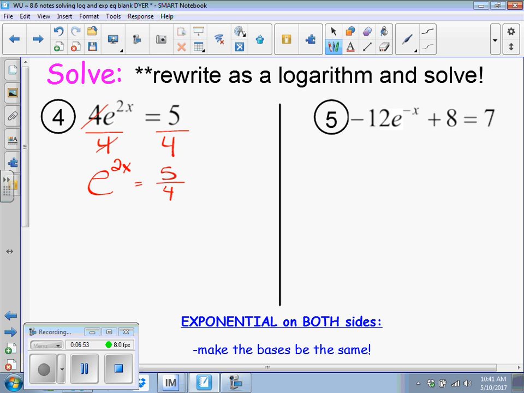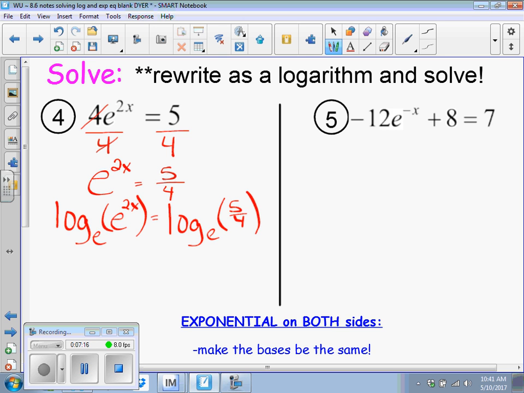Okay, so now I need to release that exponent. So what do we do? Change both sides to logs, right? What's the base? Log base e. Log base e of e to the 2x equals log base e of 5/4.